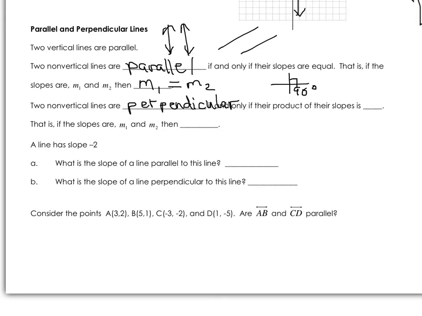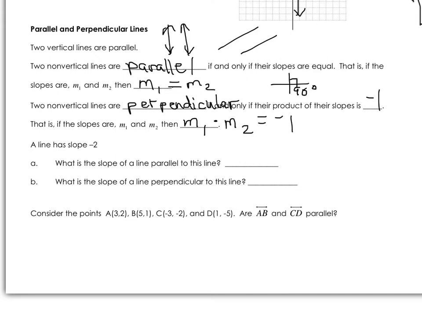Two non-vertical lines are perpendicular if and only if the product of their slopes is -1. That is, if the slopes are m1 and m2, then m1 times m2, that's their product, and that product has to equal -1.